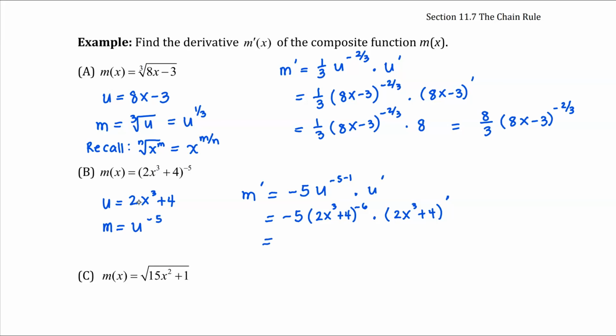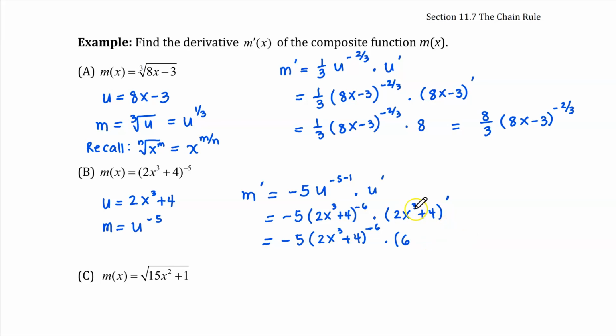And that is equal to negative 5 times 2x cubed plus 4 to the negative 6 times the derivative here, which is equal to, you bring down 3, so you multiply 3 by 2, so that is 6.